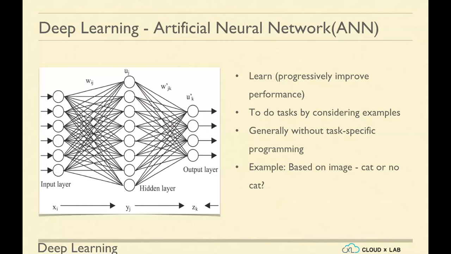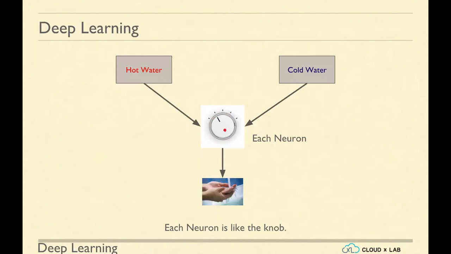Now, what you generally do is you turn on the tap, and you change the knob. Let's say you start from the middle, you check the water. If it is too hot, then you go towards the cold side. If it is too cold, you go to the hot side, right?